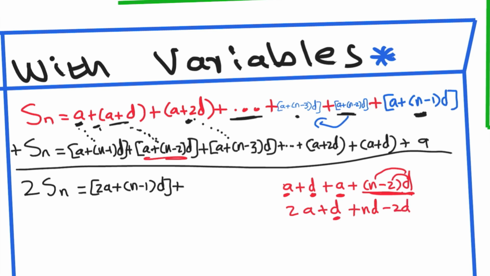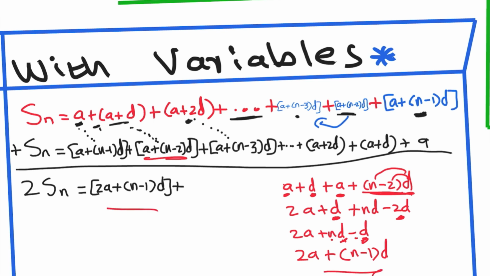Now, d minus 2d is negative d. So I will have 2a plus nd, and d minus 2d is negative d. And then I can take out the d as a common factor. I'll say 2a plus n minus 1 into d. Because I took out the d as a common factor, I'm left with n minus 1. Just factorizing. You see, this is the same thing as this.